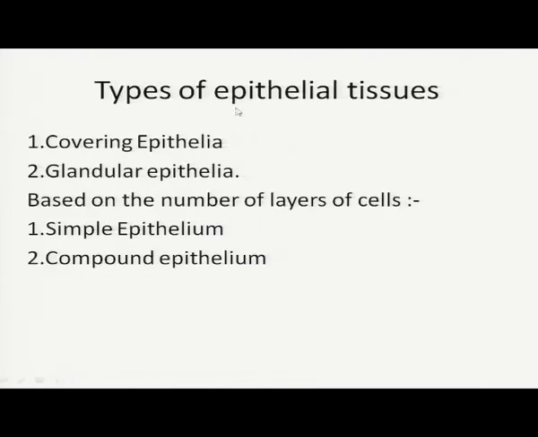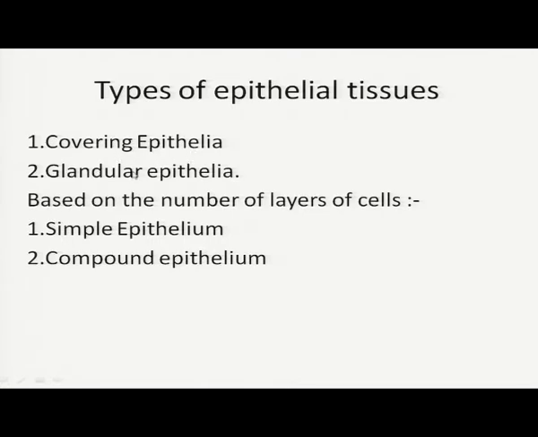Now, types of epithelial tissues. What are the different types of epithelial tissues? First, we can include these epithelial tissues into two major groups. The one is covering epithelial tissue. It will cover and protect the different body parts, organs.